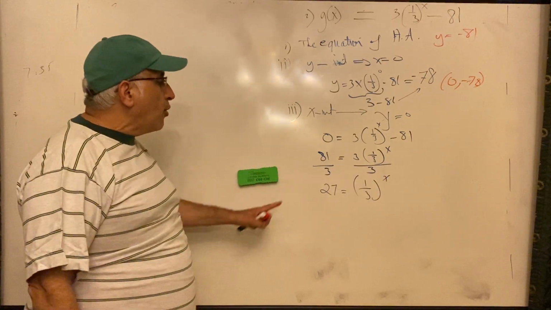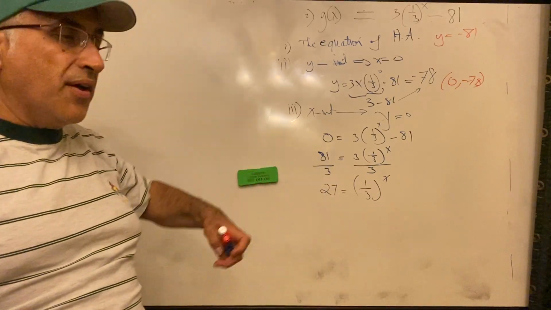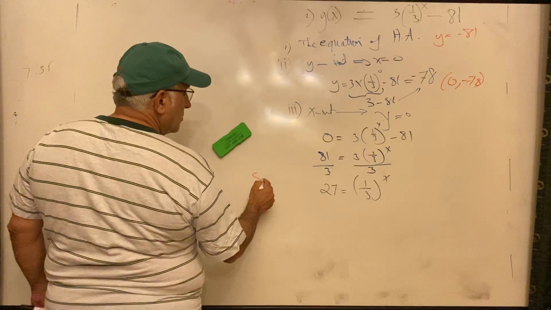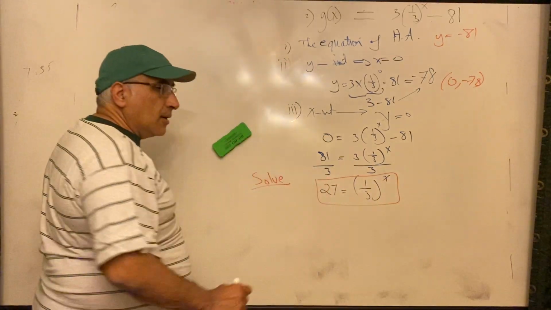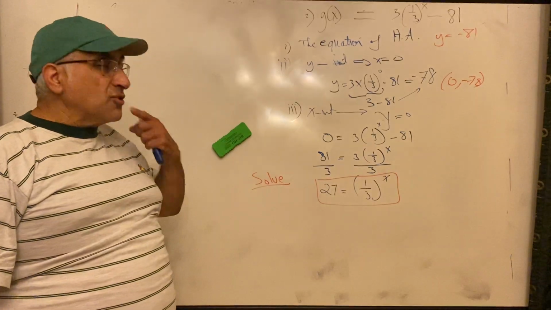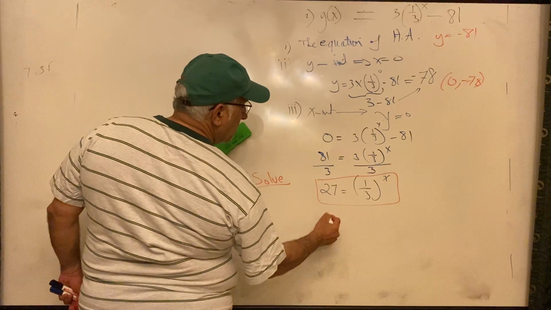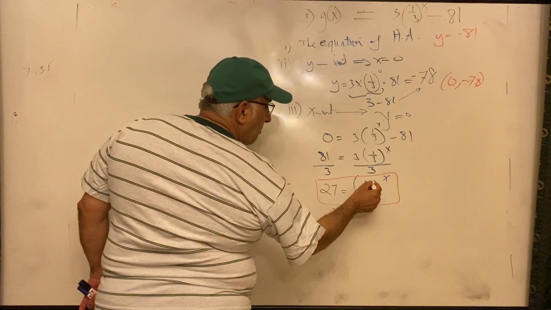I can play with both bases. You can see a question like this in your exam: solve that equation. It's supposed to be an easy part. But guess what? Our third lecture is about solving exponential equations. The 27, I can make it 3 to the power 3. How about that one? This is 3 to the power 1. Take it up.